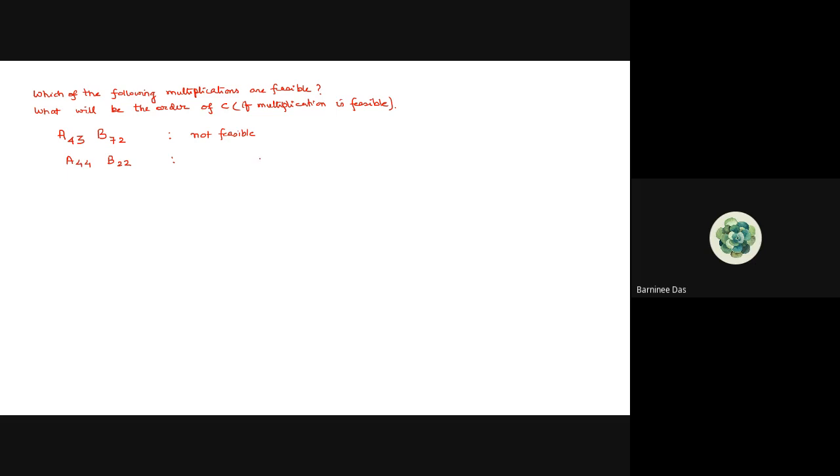Not feasible. Why? It's a square matrix. Sir, here 4 is not equal to 2. Okay. Feasible. And order of C will be 3 cross 2.